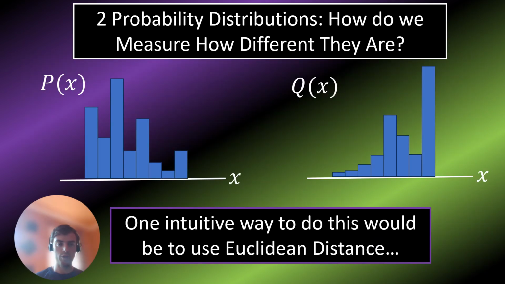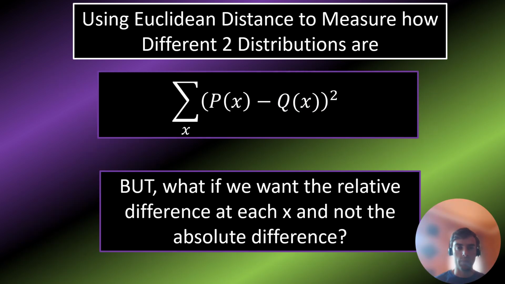So say that we have two probability distributions, P of x and Q of x. How do we measure how different they are? Well, one intuitive way to do this is to use Euclidean distance. What I mean by this is that for each x, we're going to take the difference between the probabilities P of x and Q of x, and we're going to make sure that they're positive by squaring them.